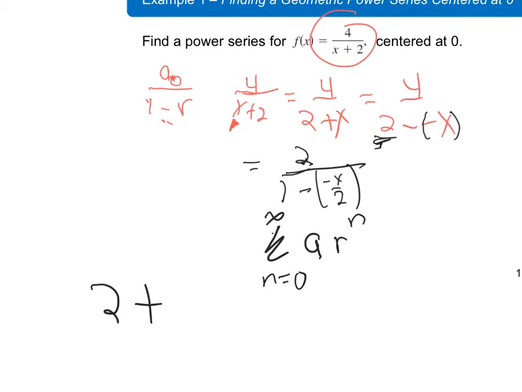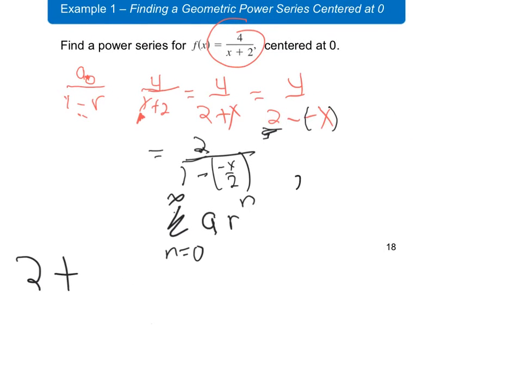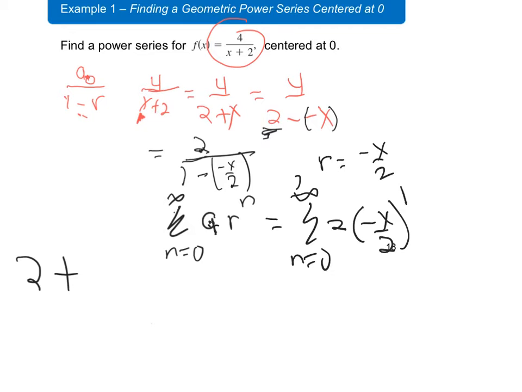In this case, I know r is equal to negative x over 2. That has to be r. So equals my first term 2 times negative x over 2 to the nth power. And that is correct.